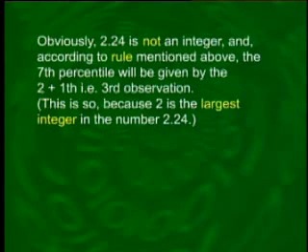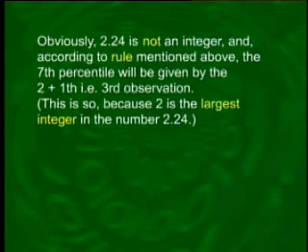Obviously, 2.24 is not an integer, and according to the rule that I just mentioned, the 7th percentile will be given by the 2 plus 1th, that is the third observation.